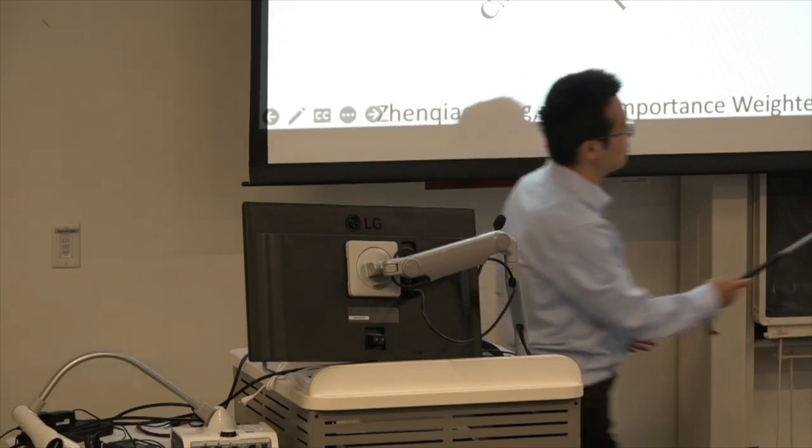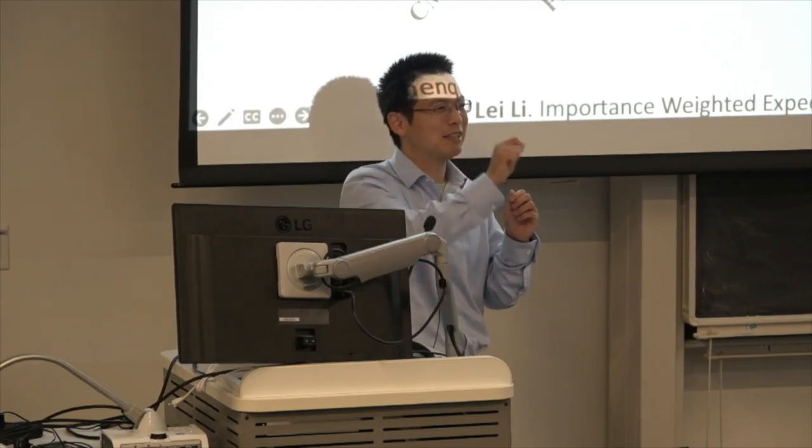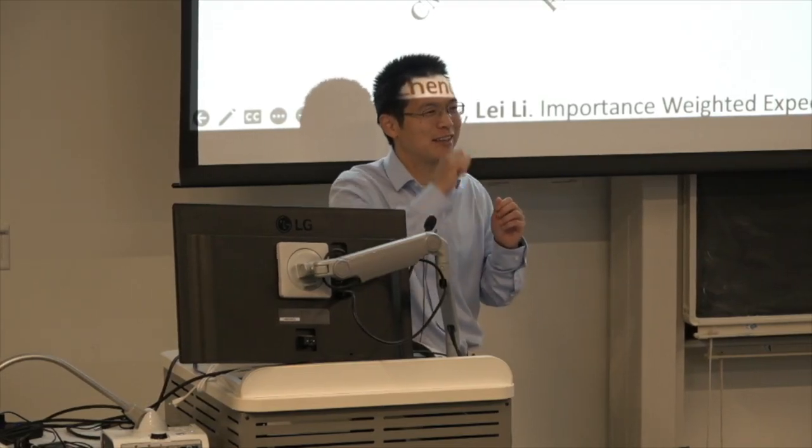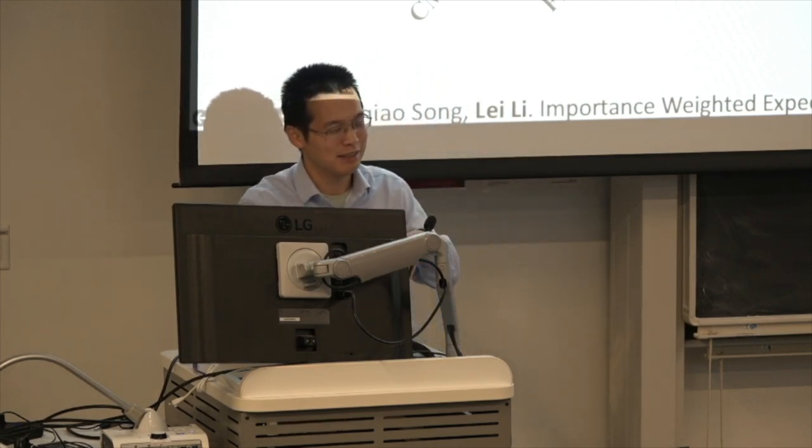In particular, for example, ESM. If you remember, ESM is similar to BERT. In BERT style, it's not actually a generative model, but you can use it for generation purposes. You can mask it and generate the masked portion, and then repeat this procedure, and hopefully you can generate better.